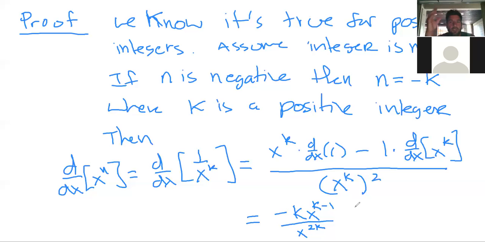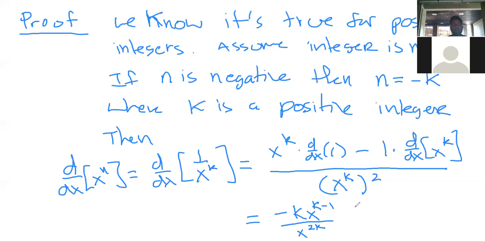Now this looks ugly because we got lots of letters floating around, but when you first started algebra, you learned these exponent properties. You learned how to write, if I have x to a power upstairs and x to another power downstairs, how I can combine them. And the rule was you subtract the exponent in the denominator from that in the numerator.